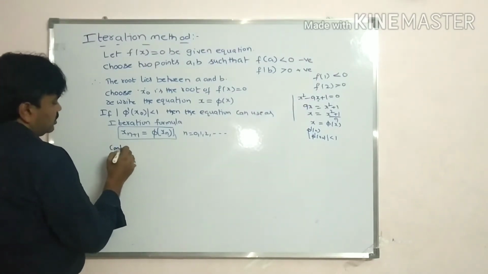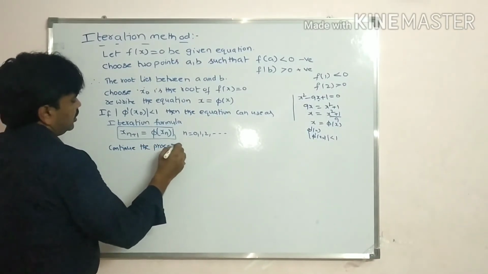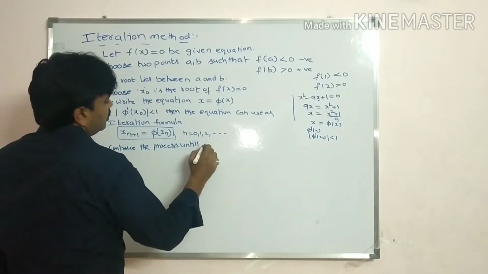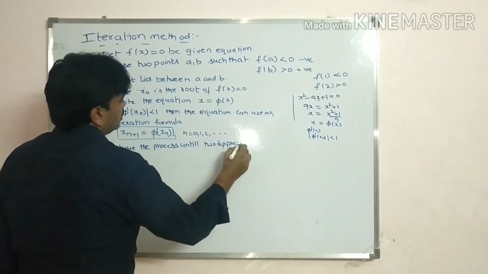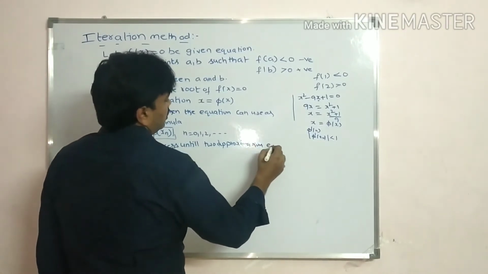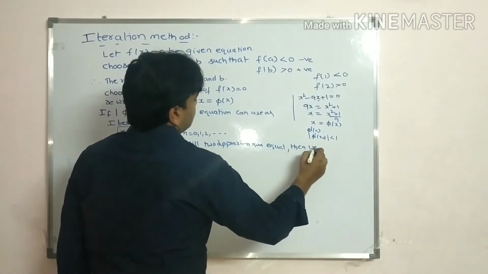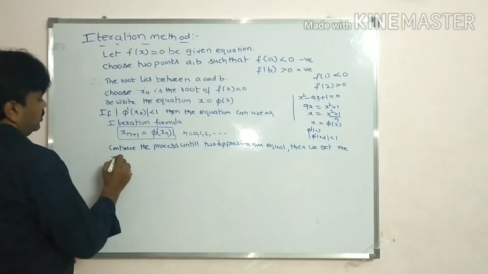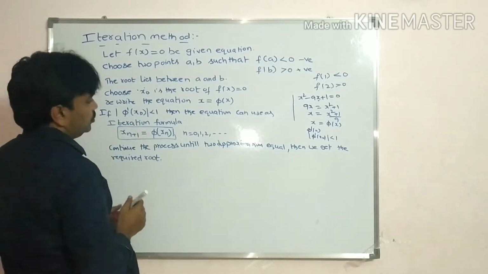Continue the process until two approximations are equal, then we get the required root.